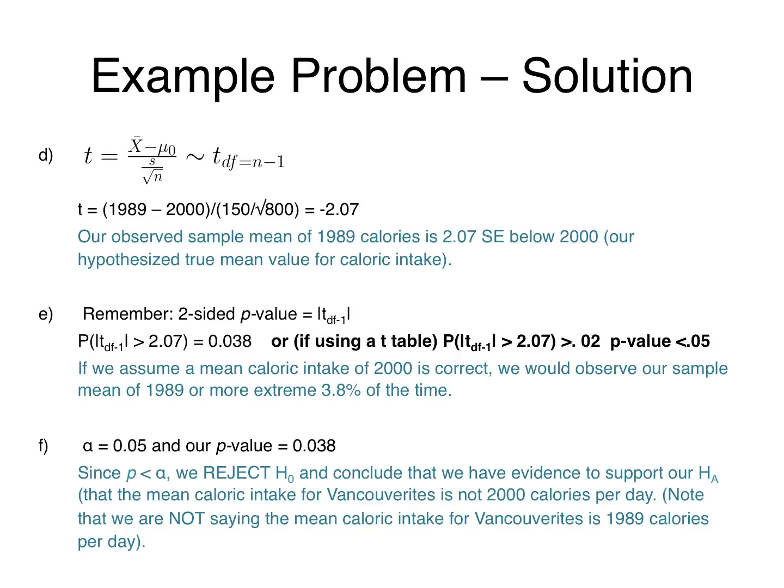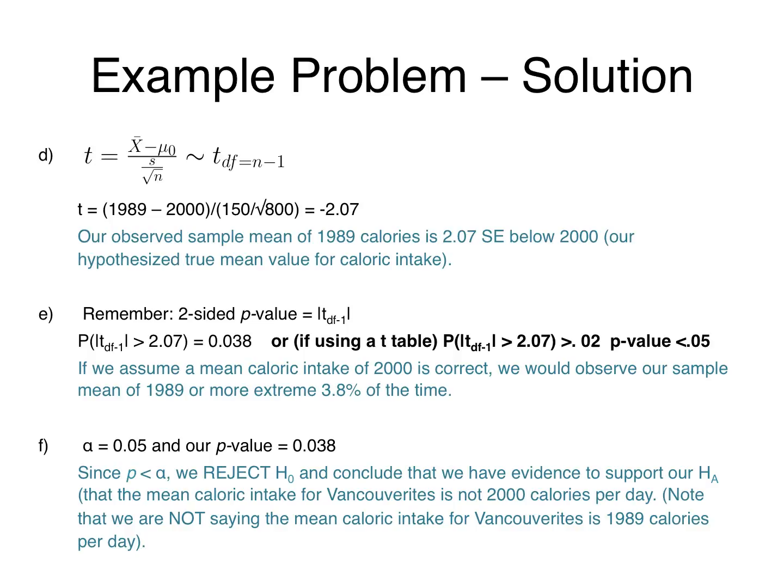So now our next step is, based on this p-value, do we reject or fail to reject the null hypothesis? And we had said that our significance level, or alpha, is 5%. So since our p-value of 0.038 is lower than our alpha of 0.05, we reject our null hypothesis that the true mean caloric intake is 2000 and conclude that we have evidence to believe that our alternative hypothesis is likely true and that the mean caloric intake for Vancouverites is not 2000 calories per day.